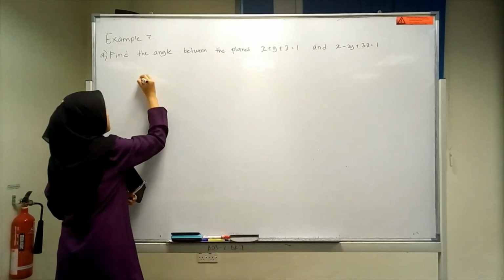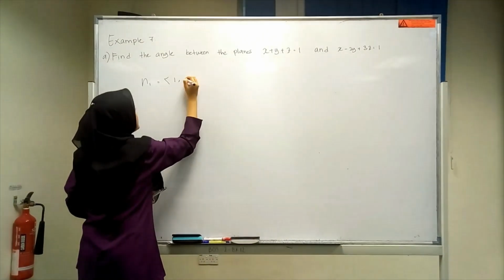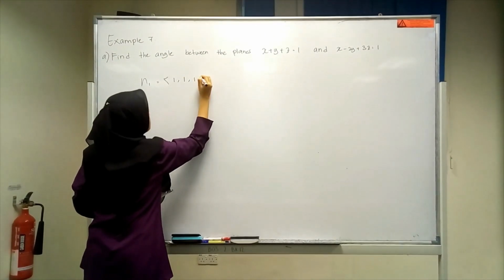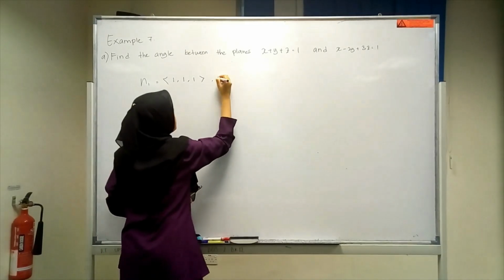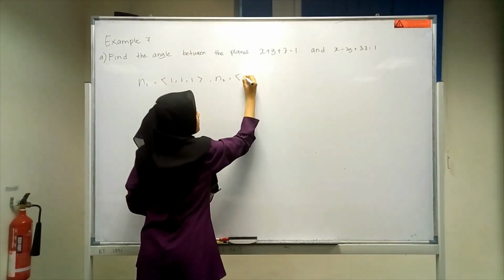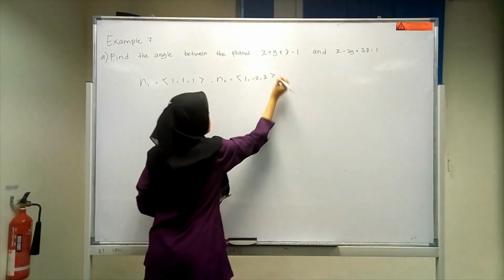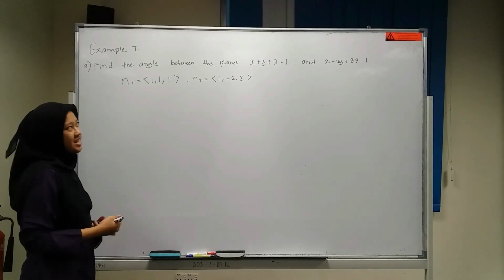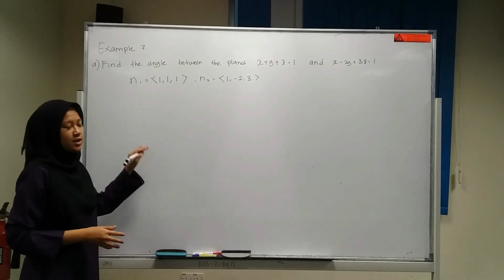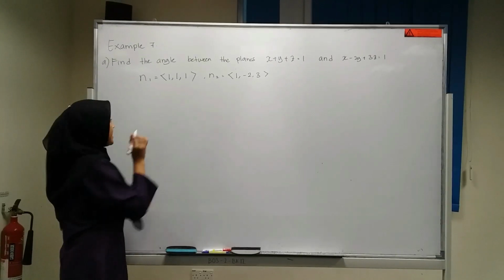The first normal vector is (1, 1, 1), and the second one is (1, -2, 3).